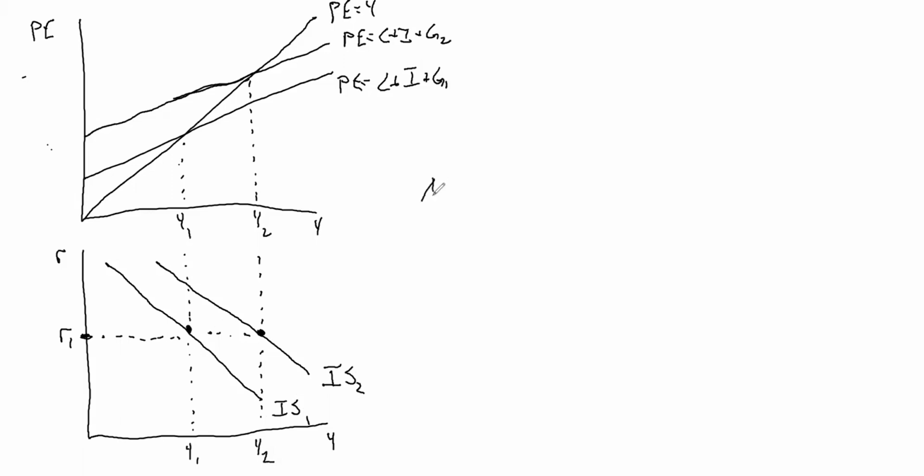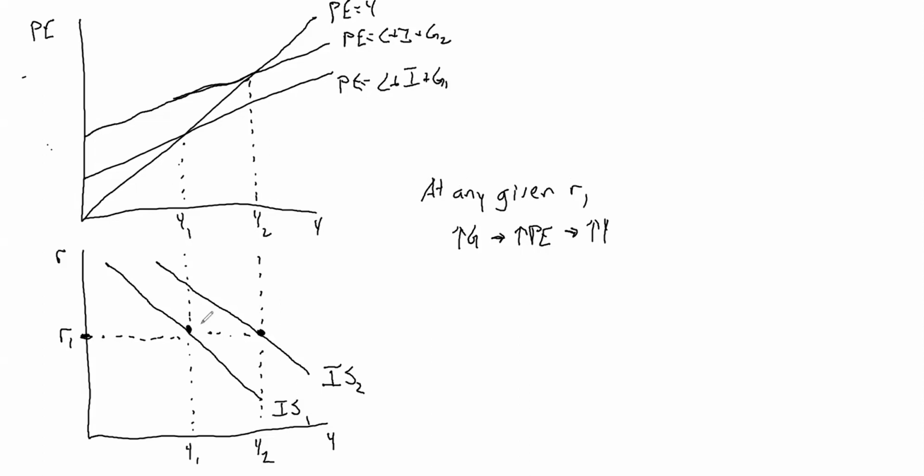And so at any given value of R, higher G leads to higher planned expenditure, which leads to higher income. And so the IS curve is going to shift to the right.